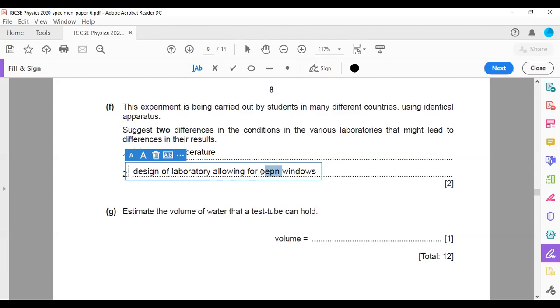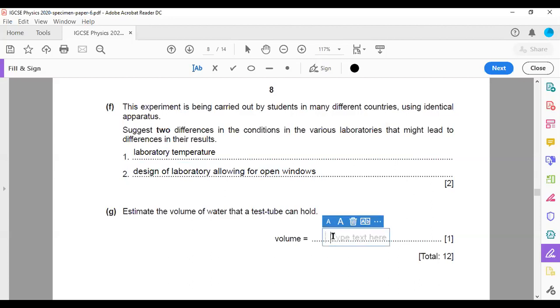Which means that some labs are more closed up than others, and if the labs aren't designed the same way, then obviously the lab temperature is going to be different. And even if the lab temperature is not different, because the windows are always open and so forth, you're going to have a variation in the laboratory temperatures.